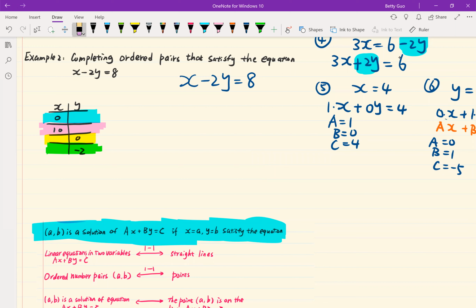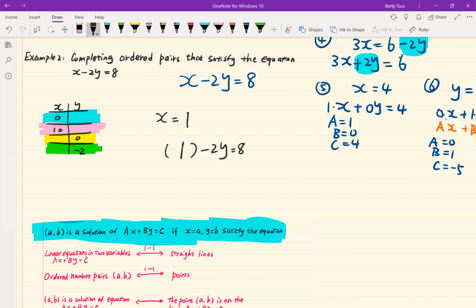For example, you can give x any number. You can let x be 0 or 1 or half or -3, pi or -1 million. You give x a fixed number, and you plug in x equals 1, then you would have 1 minus 2y equals 8, right? Once you give x a fixed value, the equation only contains variable y.